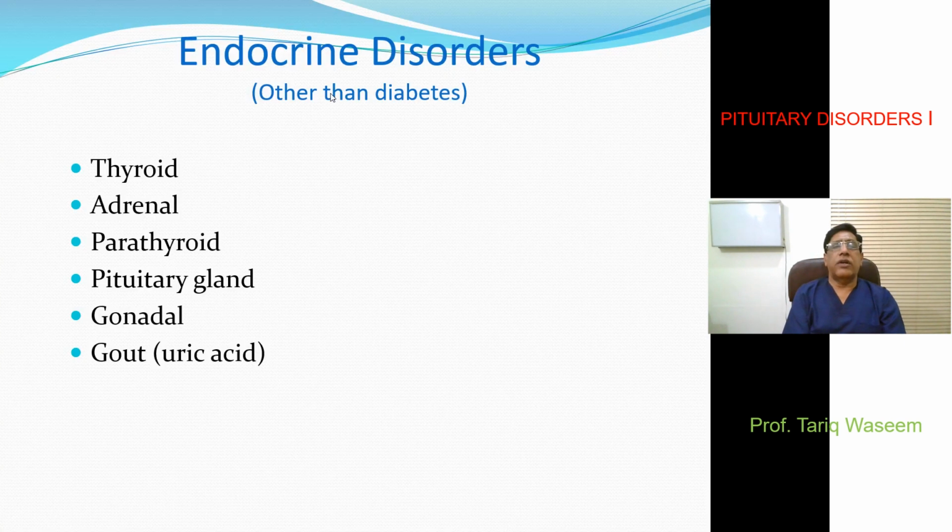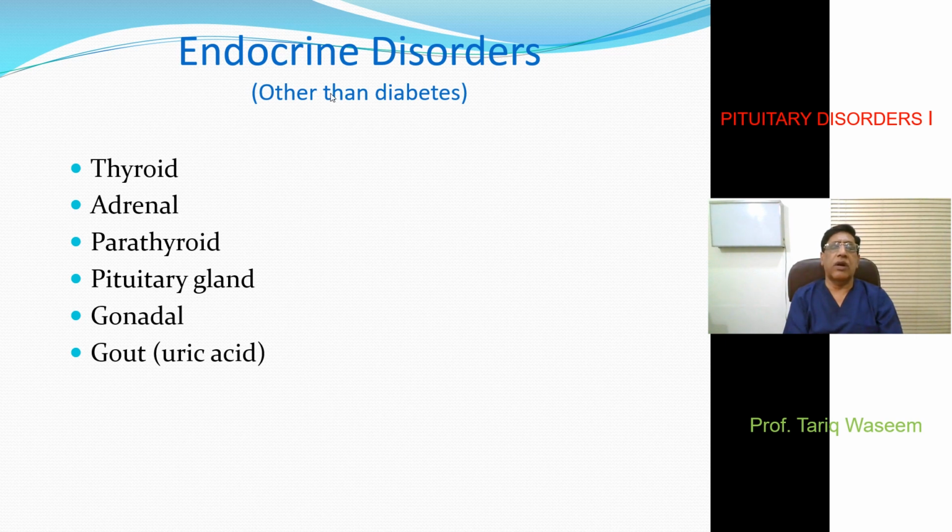Endocrine disorders can stem from dysfunction of the thyroid, adrenal, parathyroid gland, pituitary gland, gonads, and sometimes uric acid is now also being considered as having some hormone-like effect. Similarly, vitamin D is sometimes also considered because of its function on various target organs.